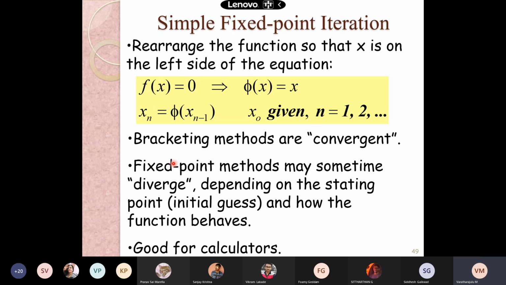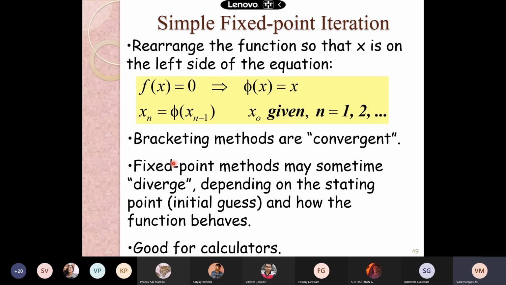The simple fixed point iteration is the rearrangement of the given function so as to get x on one side. What we did in the iteration method is explained in detail here. The bracketing methods are convergent, while the fixed point method many times diverges, and it has its own disadvantage, as we have seen.